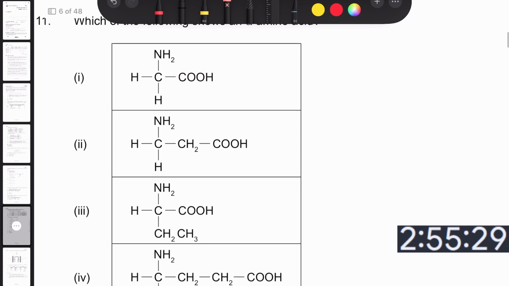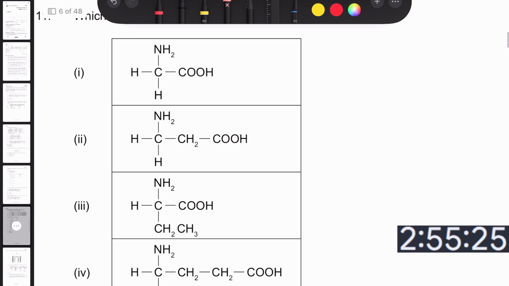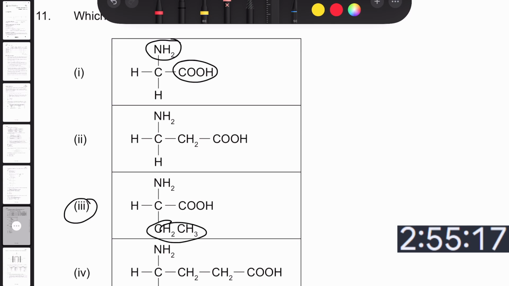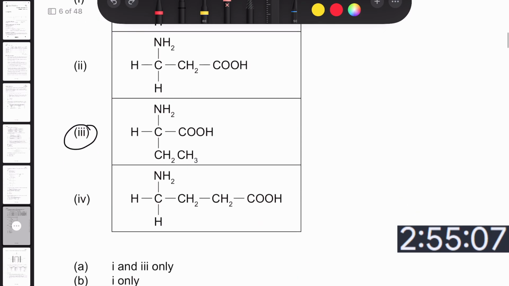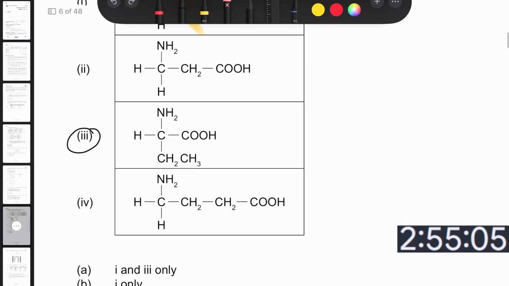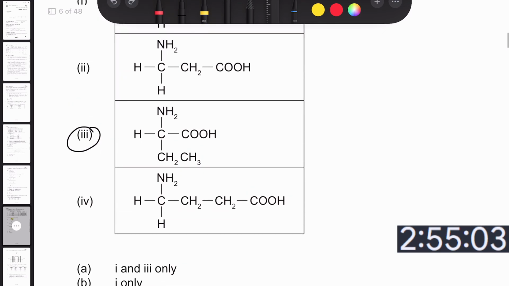I think it's only 3. Because you need to have the NH2 and then the COOH, and then you need to have another carbon coming off of it with only 1 CH. And then these ones, they have 2 CH, and then this one doesn't have.